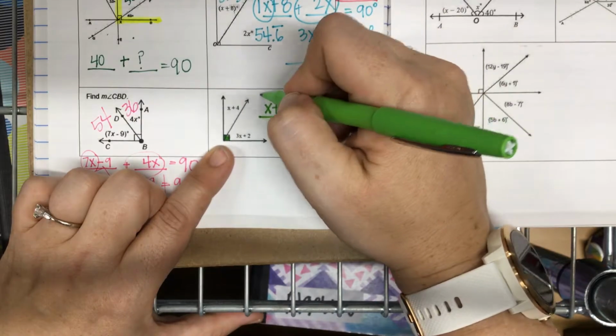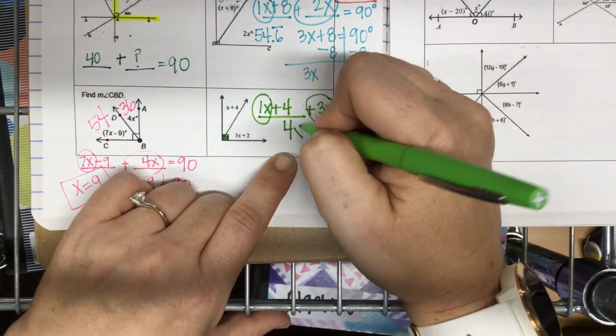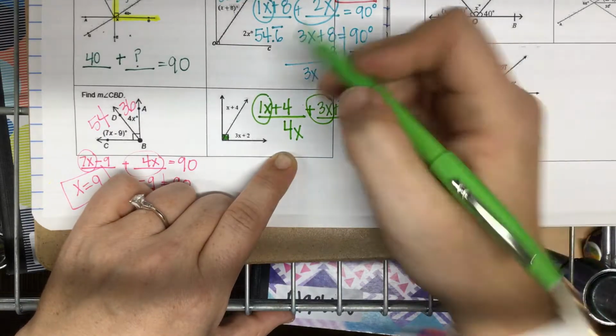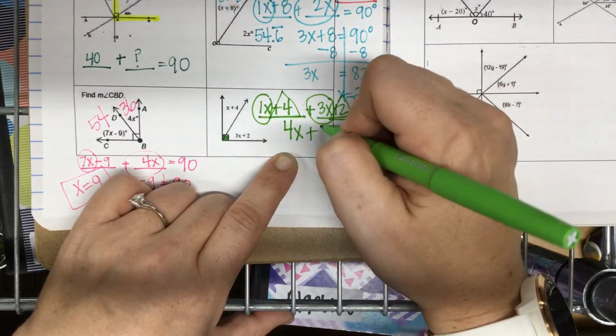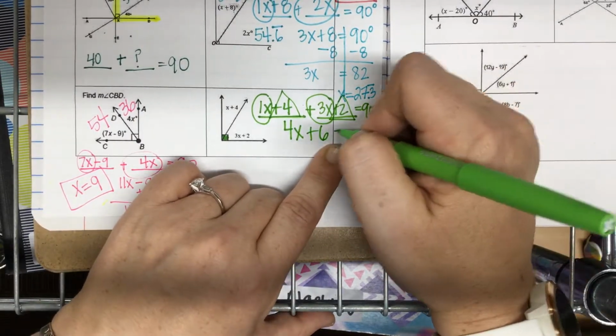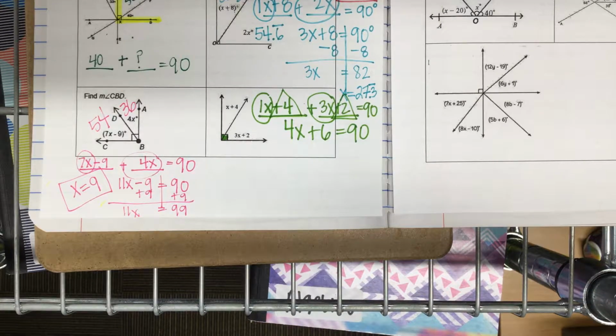So I can add 1x plus 3x to get 4x. And I can do 4 plus 2 to get 6. And I can have it equal 90 because I have one angle plus its other angle. Together they have a sum of 90.